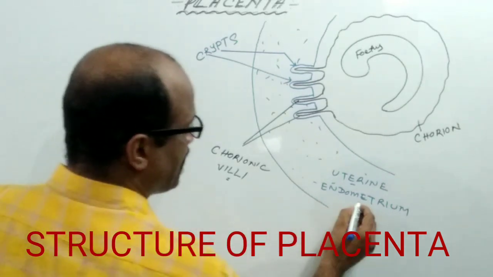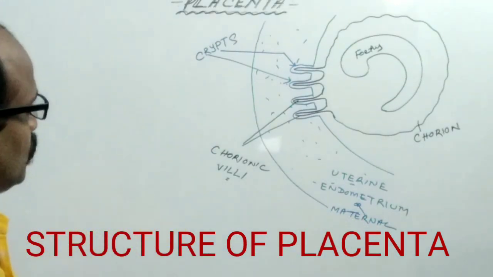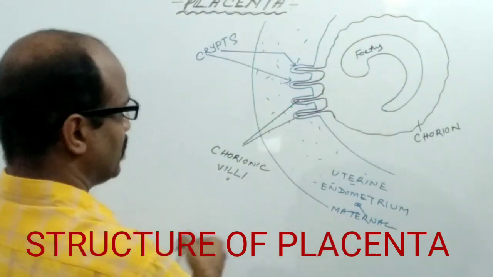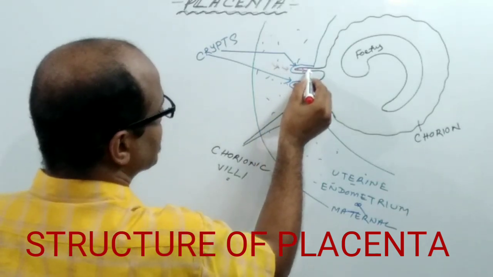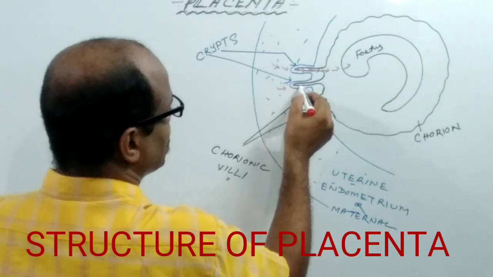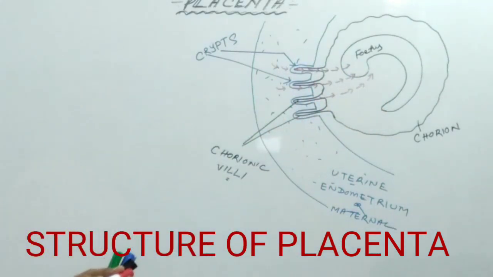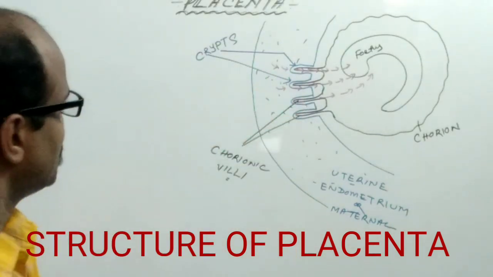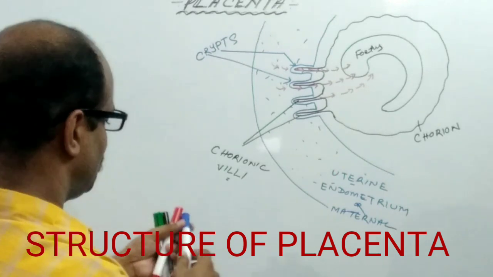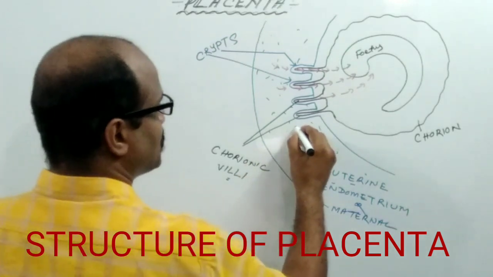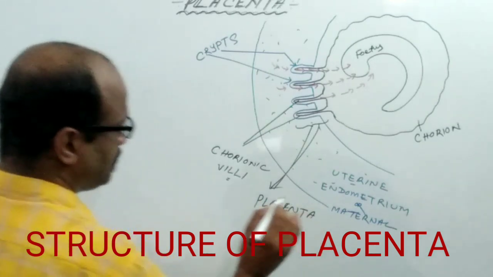This is the maternal endometrium, and through this chorion with its finger-like projections, the fetus gets nutrition from the mother's circulation or from the uterus of the mother. This structure is known as the placenta. This connection, which develops at the time of development of the fetus between the maternal endometrium and the fetal body, is known as the placenta.